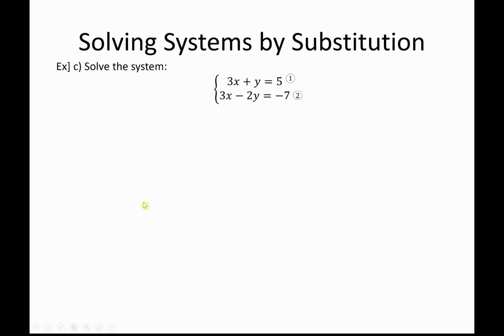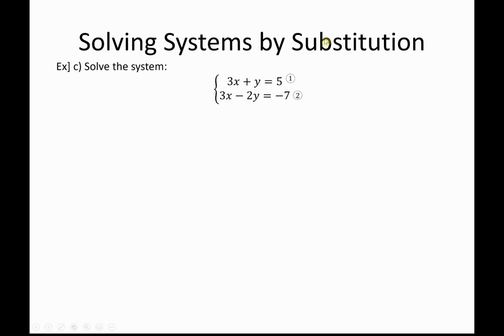And notice that as I click forward, the font is getting smaller. That means this example might need a little bit more work, a few more steps going on here. Now, notice right off the bat that this system, equations 1 and 2, is not presented in any way that lends itself necessarily to the substitution method.